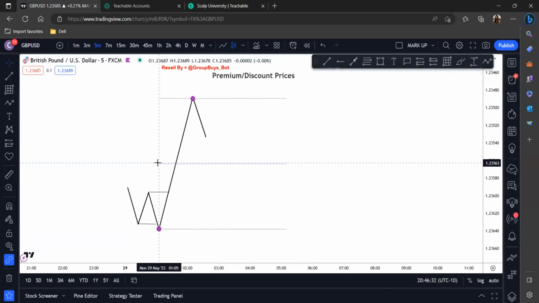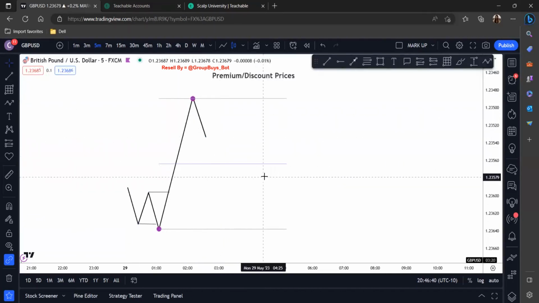So we'll call it the equilibrium. That is going to be the middle point. When price passes the equilibrium, anything below that would be a good price to buy at to continue bullish. So anything beneath that, institutions will look at to continue bullish or have their draws on liquidity in that area.